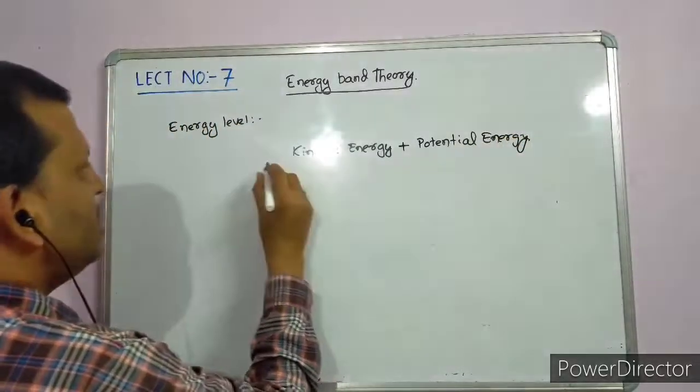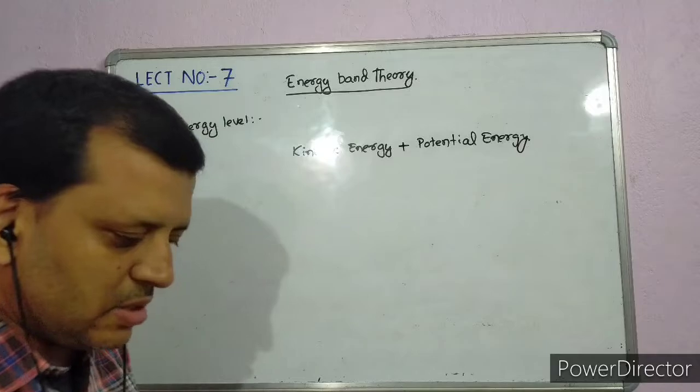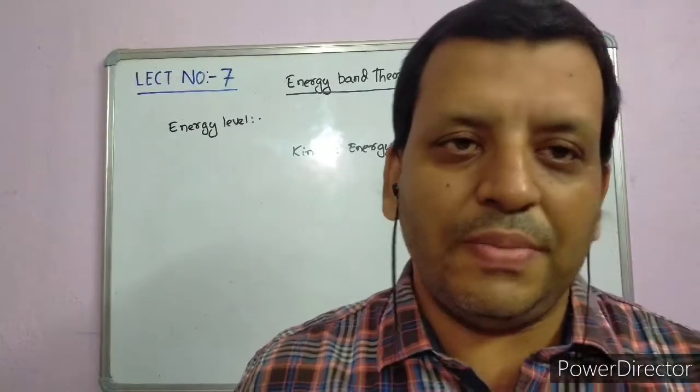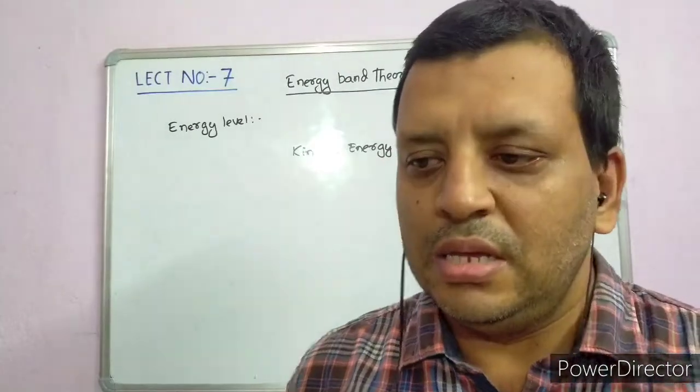So this is the net energy possessed by the electron which is revolving in a particular cell.